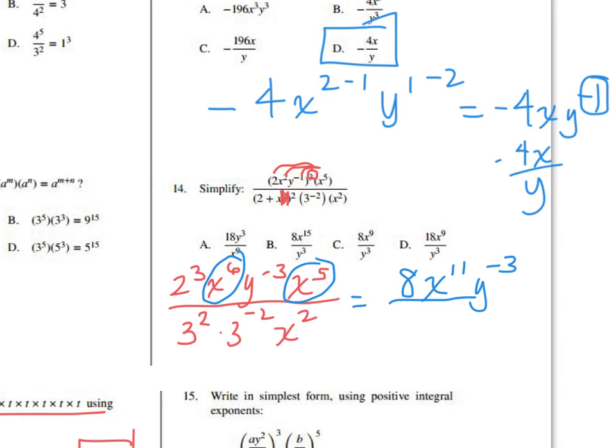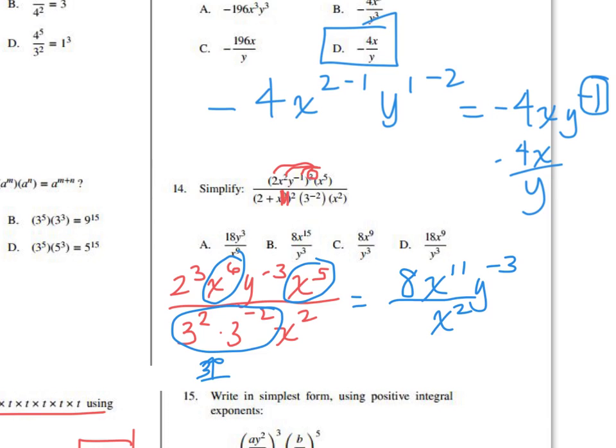And then my denominator, I have 3 squared. 3 times 3 is 9. Oh, wait, I've got another 3, don't I? So I can add these two. So what's negative 2 minus 2? 0. So that's 3 to the 0 power. What's 3 to the 0 power? Hey, look at that. So then I have x squared.